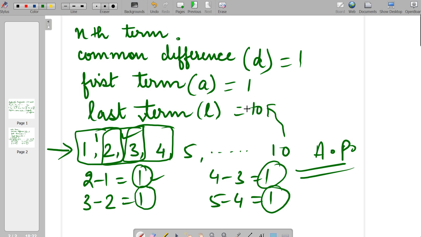This series contained 10 elements. The nth term means any positioned value. For example, the fifth term. This n can be any value, 5, 6, 4, 3, anything. So this nth term is the term position.